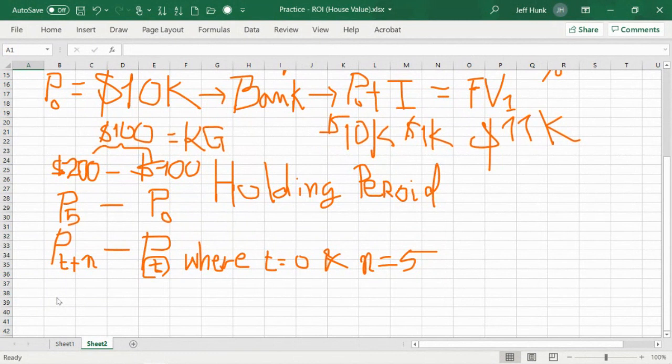The reason we are using algebraic notation is to make it applicable under any circumstances, under any context. So the price of the stock doesn't have to be 100. It could be 150. It could be $1,000. It could be $2,000.